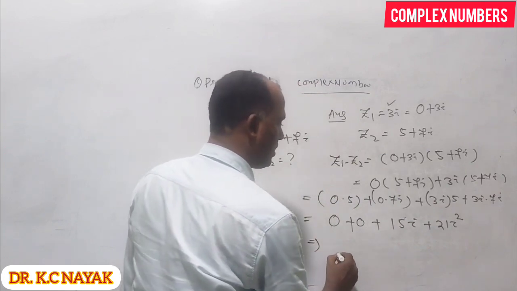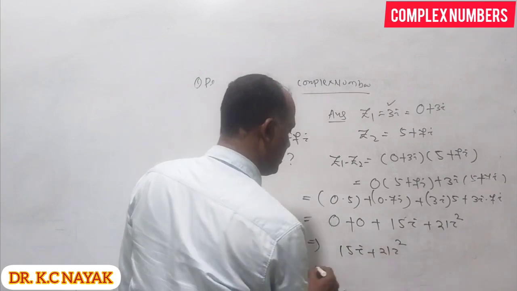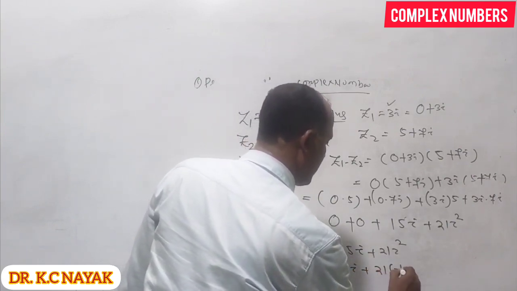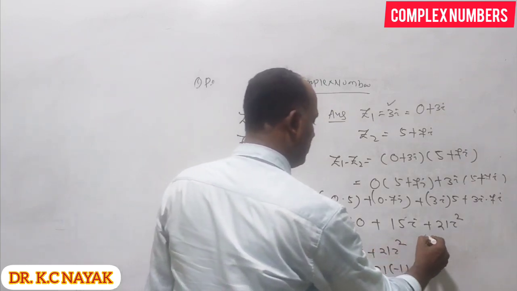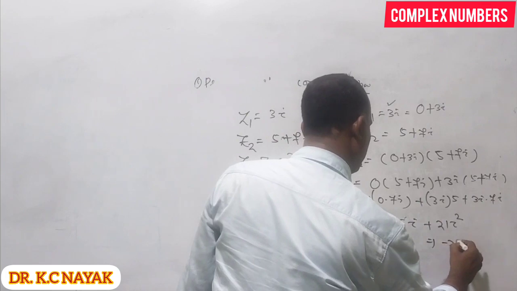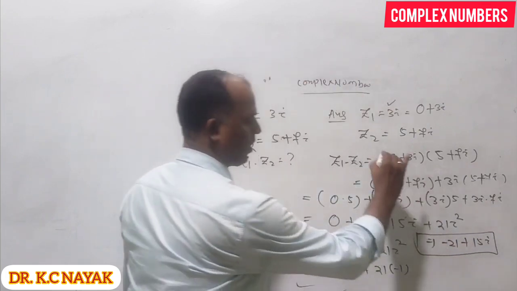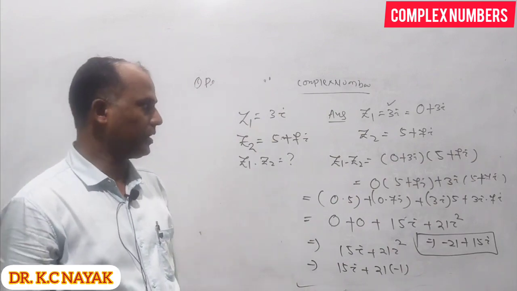We may put i square as minus 1, right? So what is the value? The value is minus 21 plus 15i. That means the product of two complex numbers is also a complex number, right?